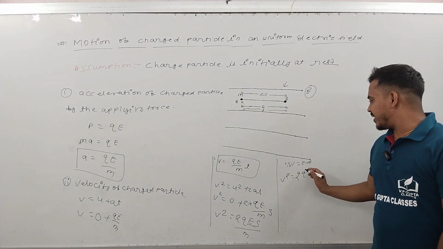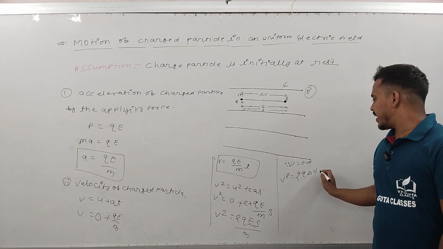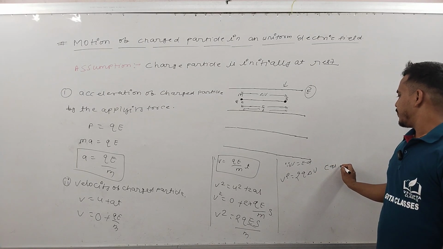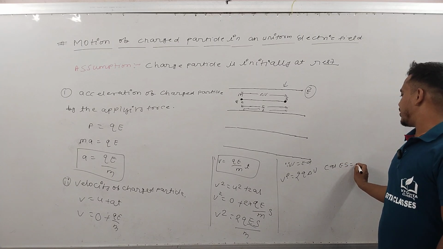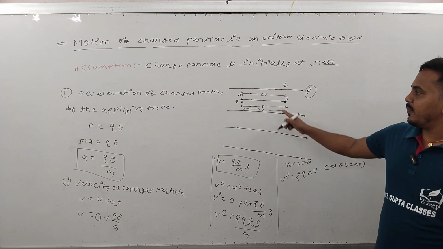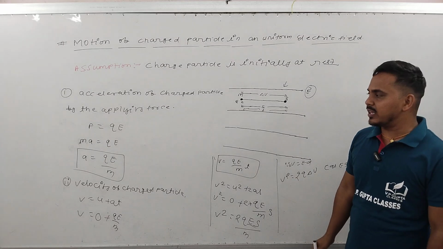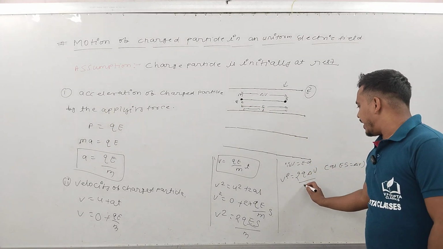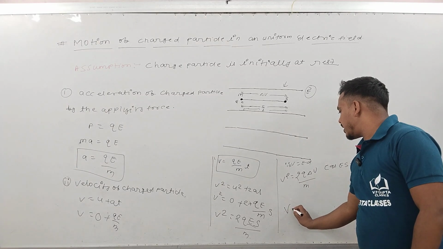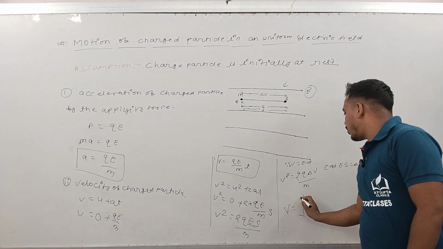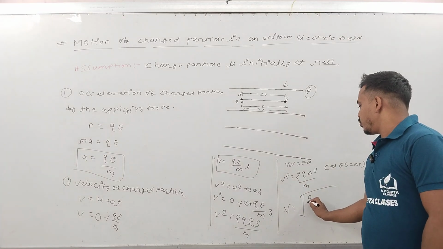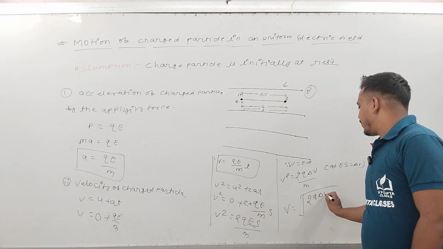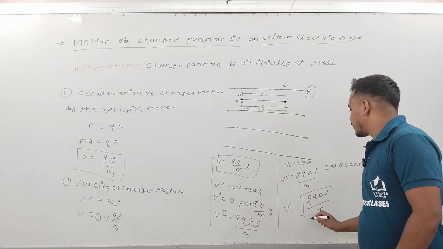So we take del V in place of Es, that is Es is equal to del V. Del V is the potential difference between the points A and B. Then v is equal to under root of 2q del V by m.